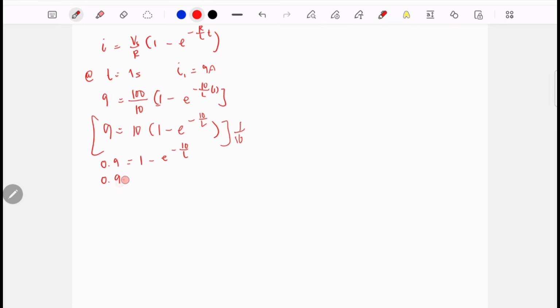So 0.9 minus 1 equals negative e to the negative 10 over L. 0.9 minus 1 is negative 0.1. So negative 0.1 equals negative e to the negative 10 over L. Then we multiply both sides by negative 1, so the result is positive.